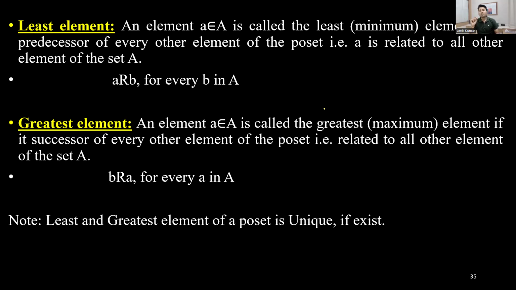One more important point: when the least and greatest element in a poset exist, they are always unique. A poset may not have a greatest element, and it may not have a least element. But if they exist, they are unique. This is not true for maximal and minimal elements. A poset may have more than one maximal and more than one minimal element.